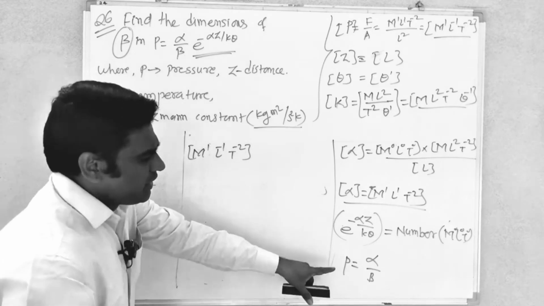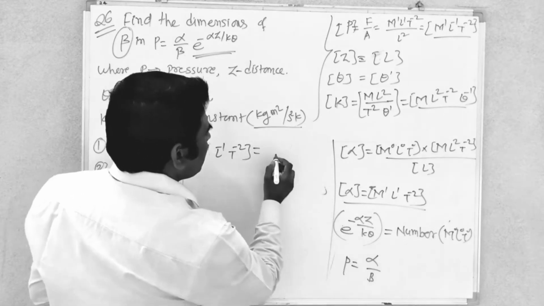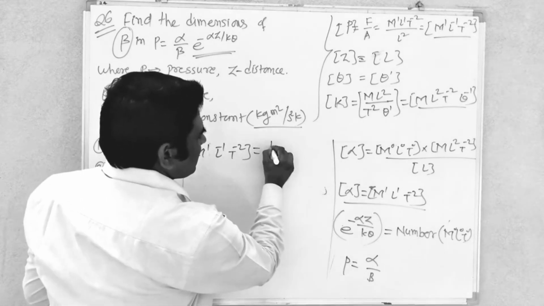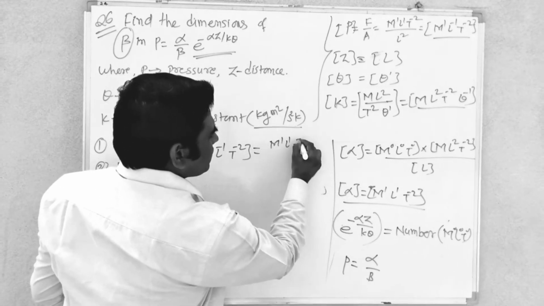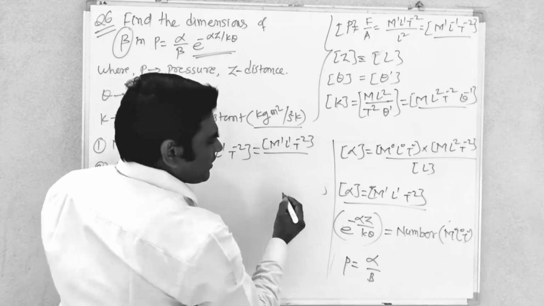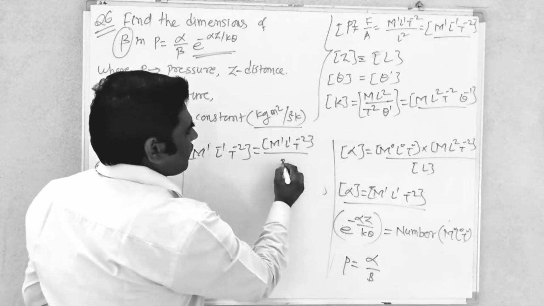This is equal to alpha, whose dimensions are M1 L1 T to the power minus 2, divided by the dimension of beta.